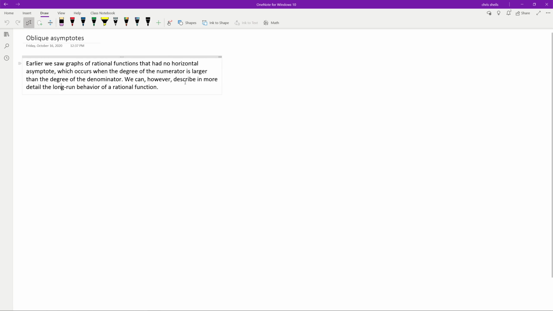So let's perform polynomial division. I have x minus 5 on the outside. On the inside, I have 3x squared plus 0x, I need that placeholder, plus 2.